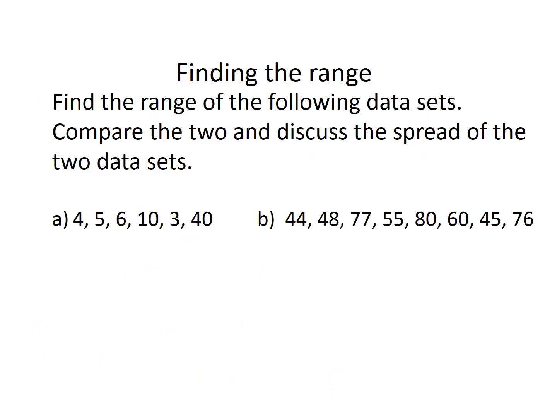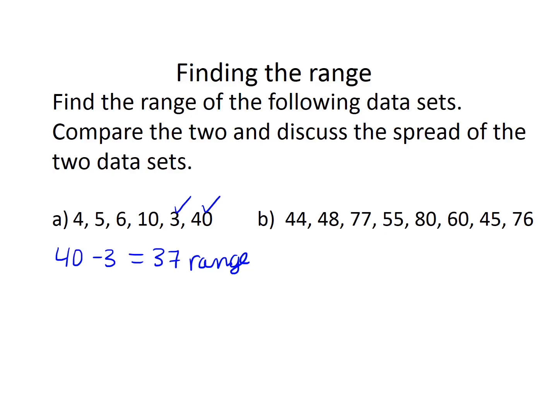Find the range of the following data sets. Compare the two and discuss the spread of the data set. If we look at the first data set, the high is 40 and the low is 3. So 40 minus 3, the range is 37 for the first data set.